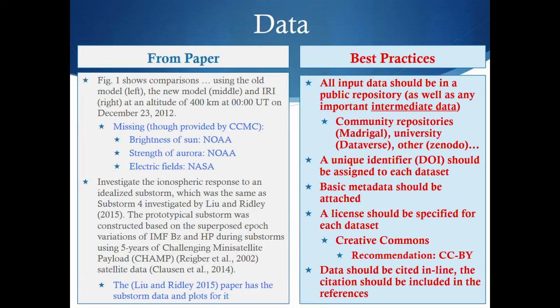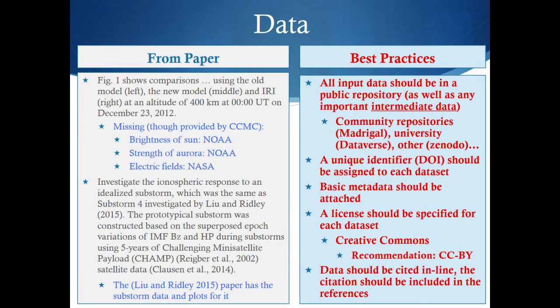So quoting from the paper, it says, figure 1 shows comparisons using the old model, the new model, and IRI at an altitude of this on that date. The data is not there, and as I understand, the data is provided through CCMC when you run the model on demand.